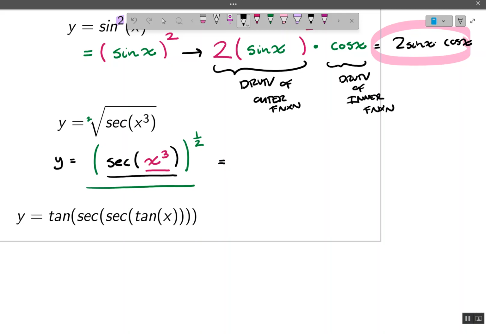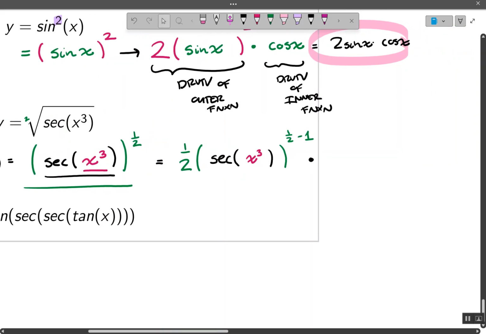So we're going to basically be multiplying derivatives until we get all the way to the inside. So derivative of the outside, we're going to bring that 1/2 down, right? Because it's something to the 1/2. So 1/2 times something to the 1/2 minus 1. The inside's going to stay the same. Okay, times the derivative of the inside.